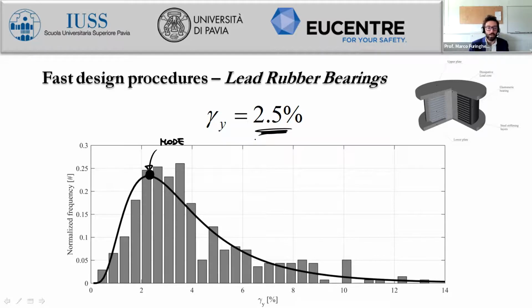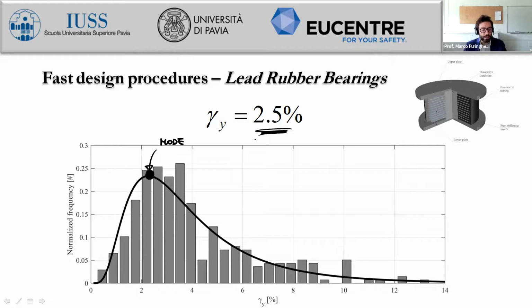Consequently, you can have a parametric study, and you can also observe the variation of the final result in terms of geometrical and mechanical properties of the devices by considering the variation of this parameter. I can already say that we have studied the variation of this parameter and also the other parameters that I'm going to mention later on, on the overall response of a base isolated building.